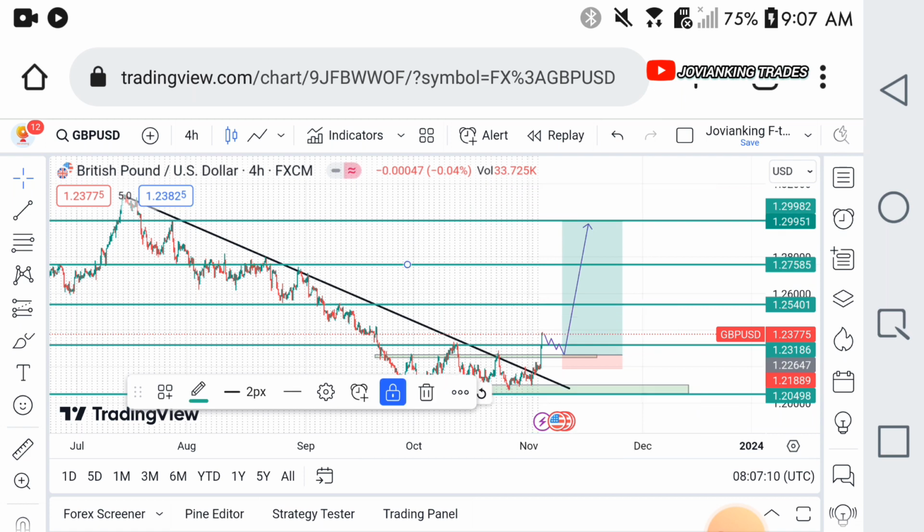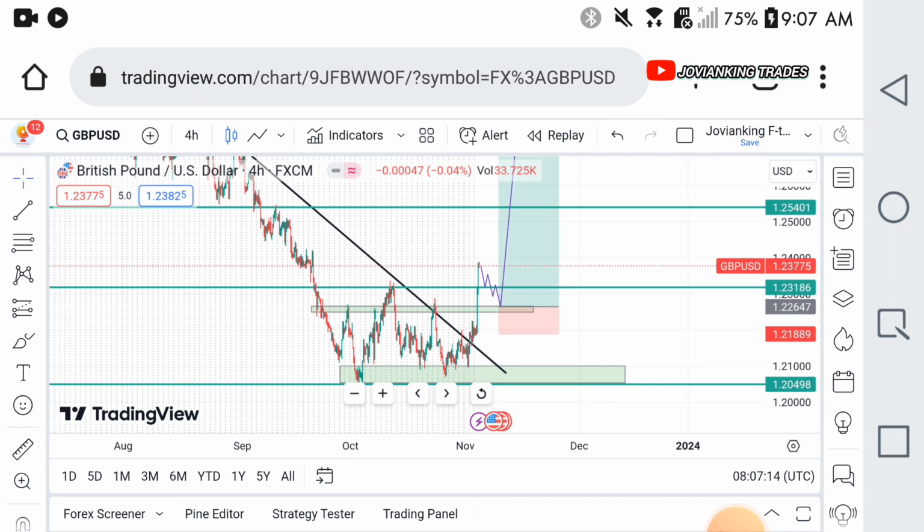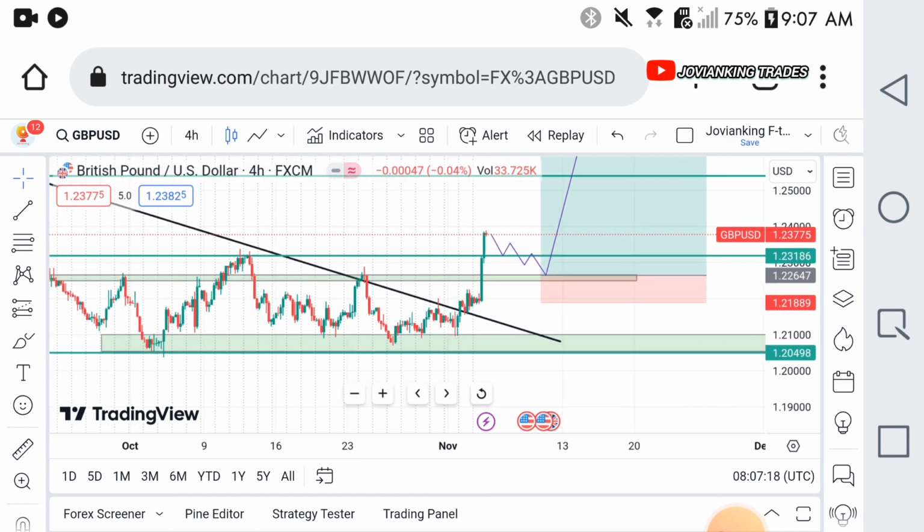But how do you enter this trade? First of all, since GBPUSD has broken this particular channel, personally, as a day trader, if I see a good setup for a short, I will flip a little short from the current price down to this support.